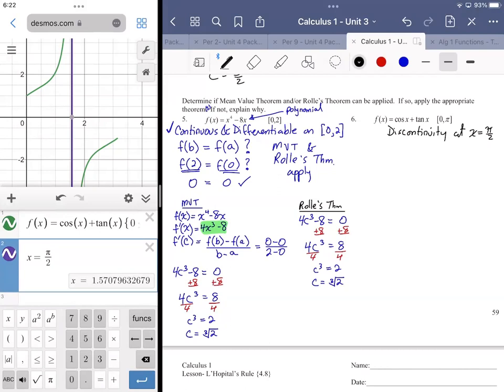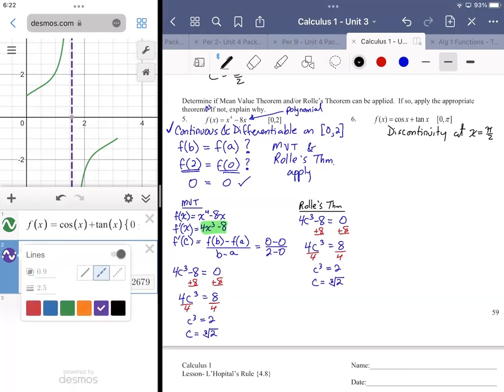I mean, most people aren't going to say, well, I think the break is somewhere at 1.5 even, because that's not a nice radian measure for a unit circle. But let's say we don't recognize that. We could go back to our original function. f of x is equal to cosine of x plus sine x over cosine of x. All right, tangent is sine over cosine.